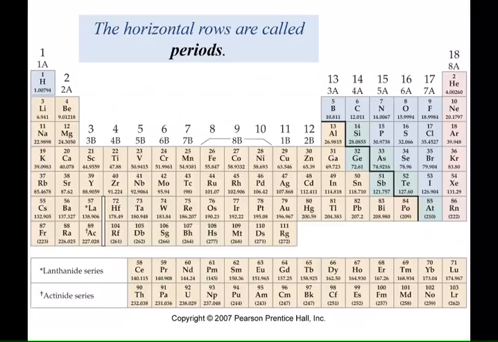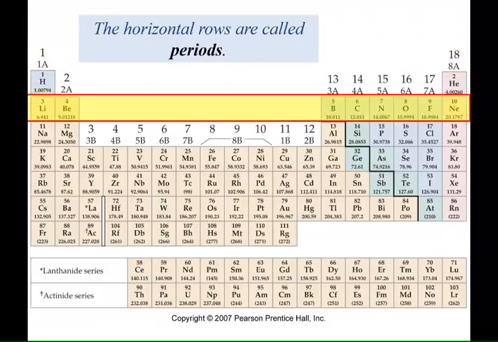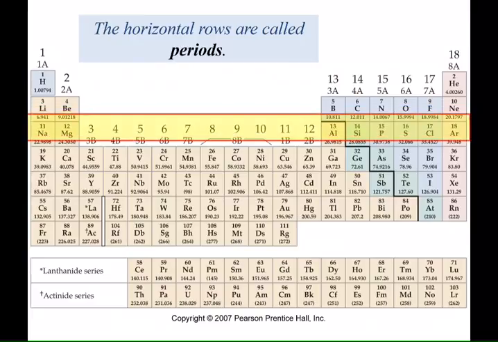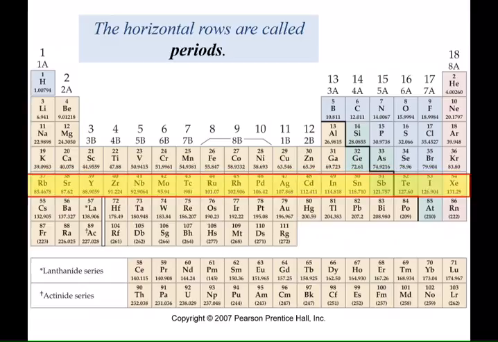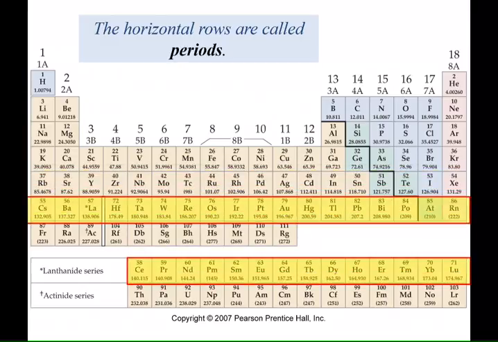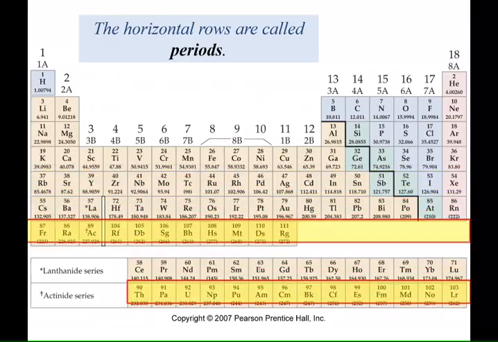Now let's talk about the rows. The rows are called periods. That's period 1, period 2, period 3, period 4, then we go through the transition metals, period 5, period 6, and period 7.